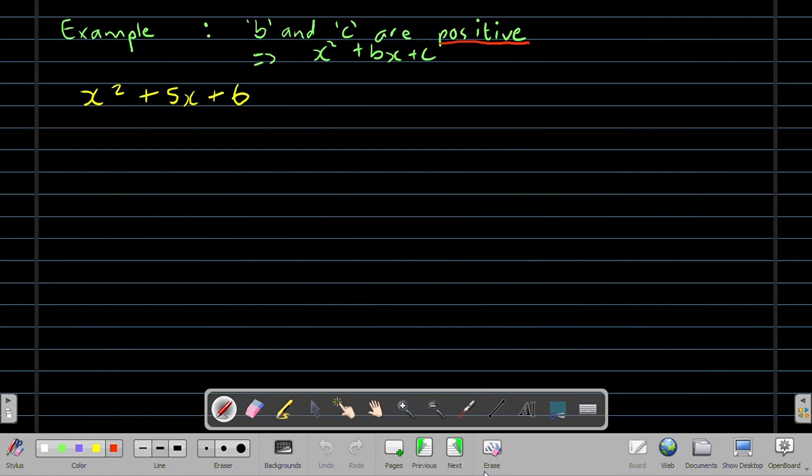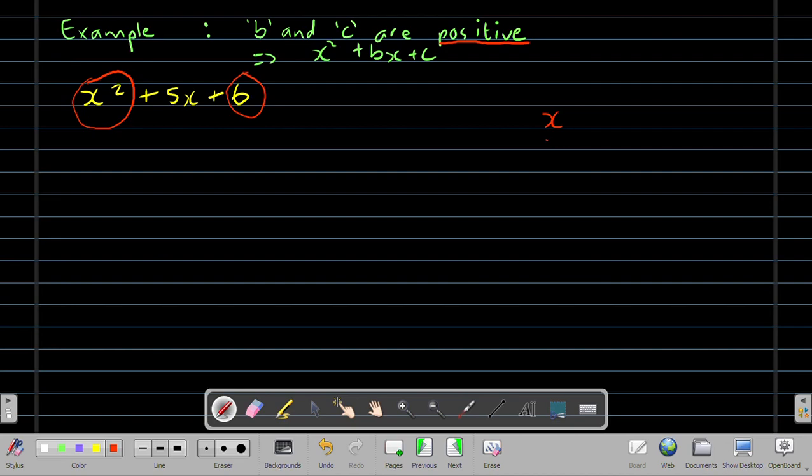All right, so first example is when b and c are positive, which gives us this form. What we're going to be going through here is we're going to be looking at the factors of this here and this. So with a being 1, the factors for x squared are always going to be pretty simple.